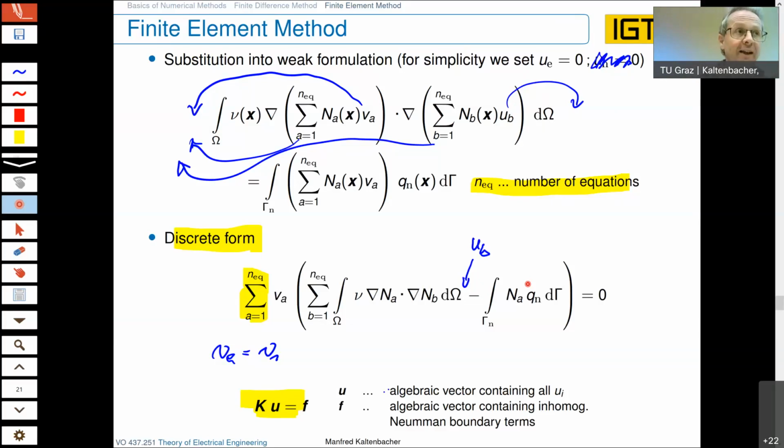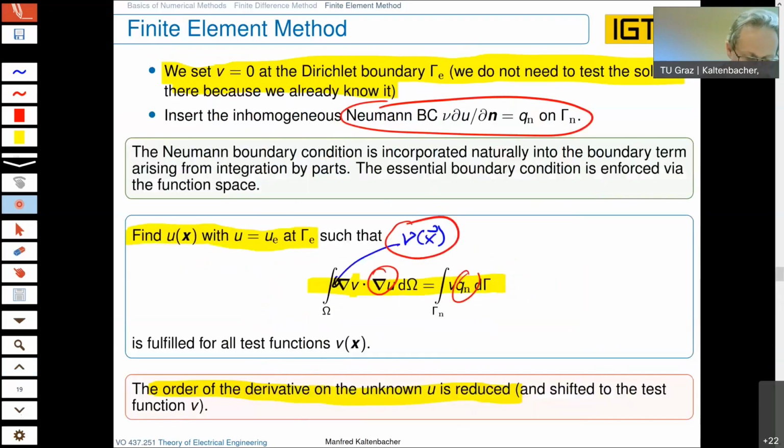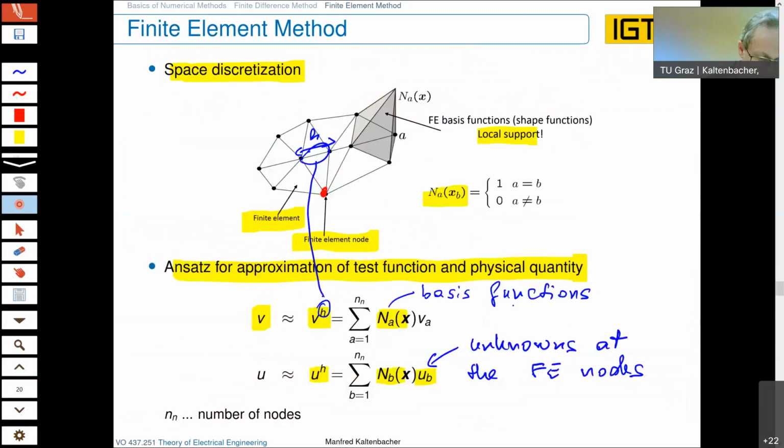Okay, but you see, that was the procedure. The procedure was going from the strong form to the weak form. They are totally equivalent, no approximation. And then you do a space discretization, and you do an ansatz, an approximative ansatz again, because we have this sign here. It's an approximation for the test function and for the unknown.